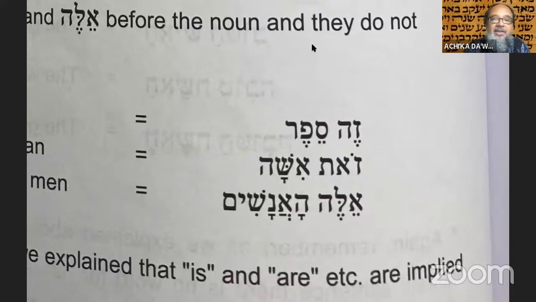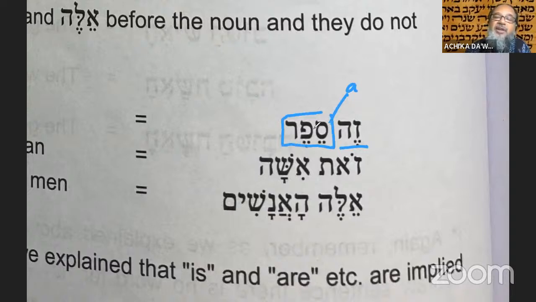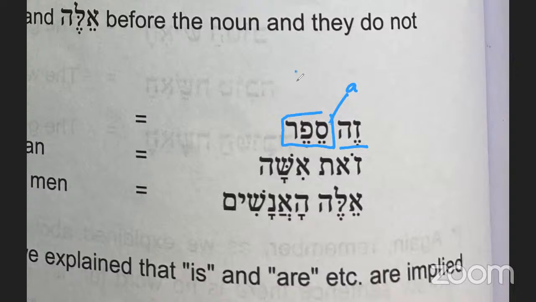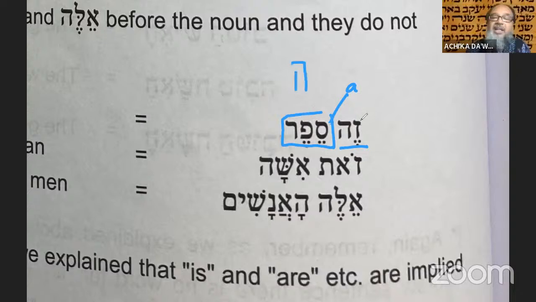That's how you say this is a book. If I wanted the book, what would I put in front of the sefer? Ha. I put that ha right there. So then this over here would have to match that. It'd be ha ze, ha sefer.